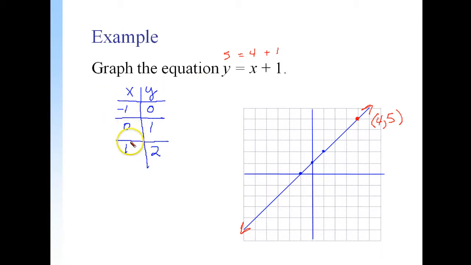I picked out some common points, solved for the letter y, plotted them, and they are, in fact, in a straight line. If you do a t-chart like this and you get points that are not in a straight line, if it's a linear equation like this, then you've made an error. By definition, this is a straight line equation.